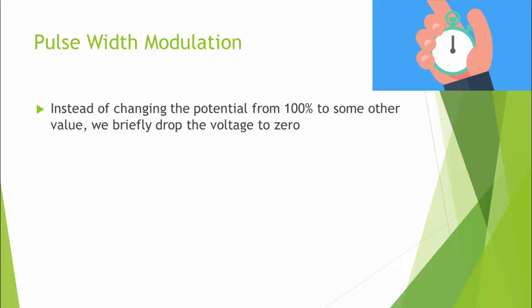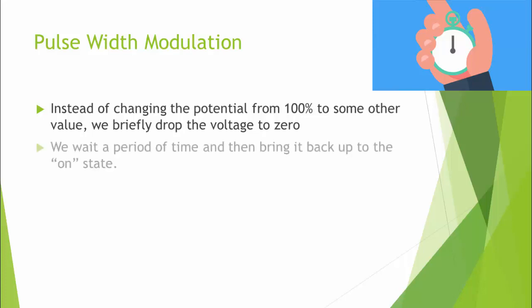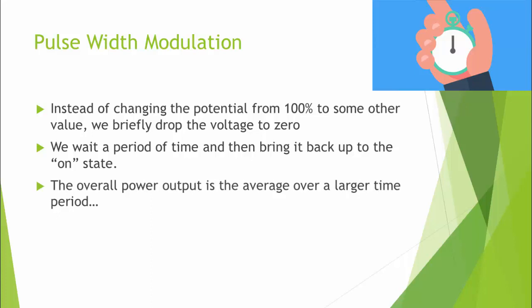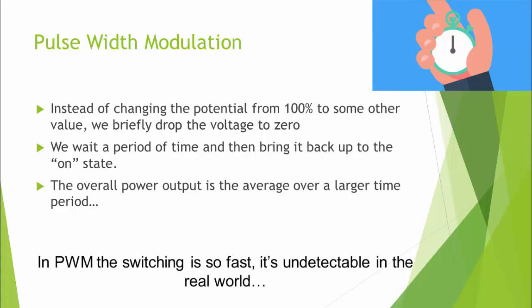Instead of changing the potential from 100% to say 23%, what we do is we drop the voltage all the way down to 0. And we wait a period of time and bring it back up to the on state, bring it back up to 5 volts. But then what we do is we realize that if we switch back and forth, then the average power output is the average of how much time we spent at 5 volts versus how much time we spent at 0 volts.